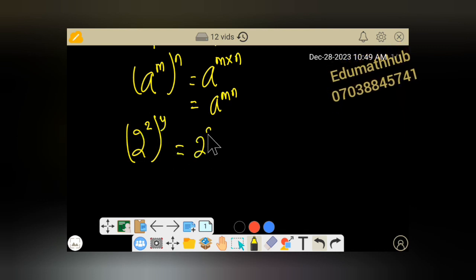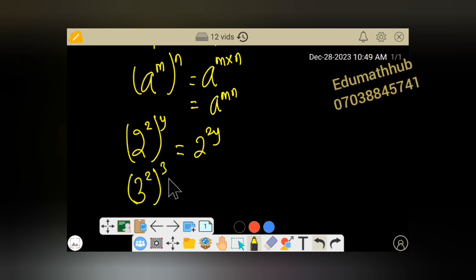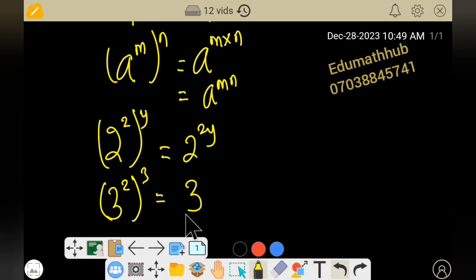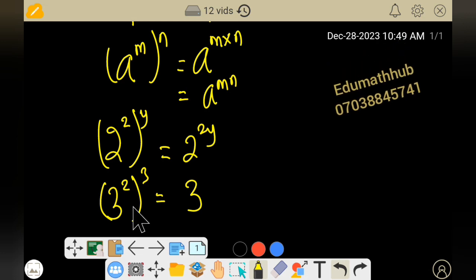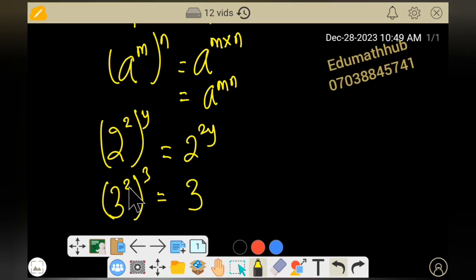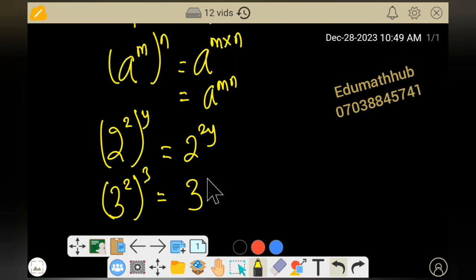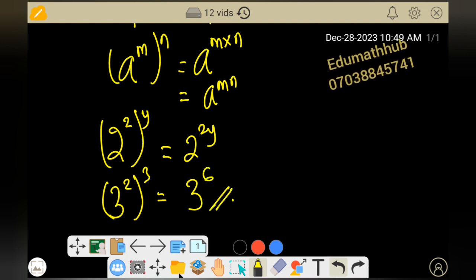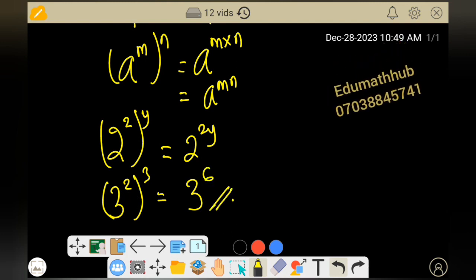That will be 2 raised to the power 2y. If you have 3 raised to the power 2, all raised to the power 3, this will be 3 raised to the power 2 times 3. That will give you 6. Okay, so that's all about that.